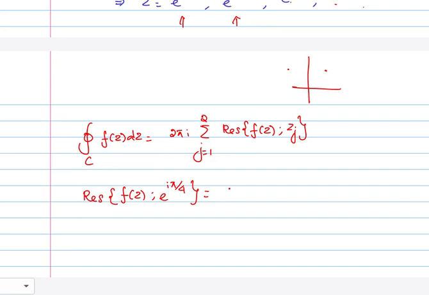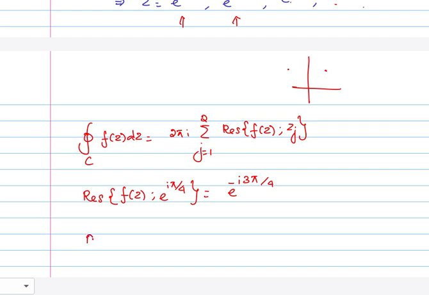So you apply the third formula. If you want to know how to evaluate the residues, I already posted a video on our channel, please visit, or I will give the video link in the description of this video.